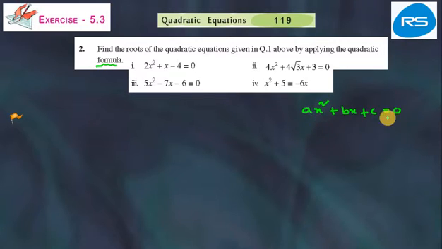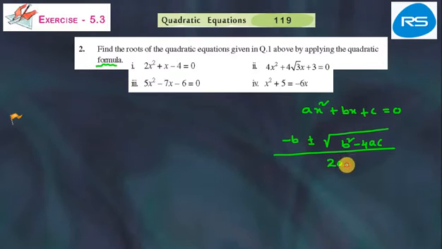Then to find the roots, we will use this formula, that is nothing but minus b plus or minus square root of b square minus 4ac whole by 2a. So this is the fundamental formula to find the roots of a quadratic equation.